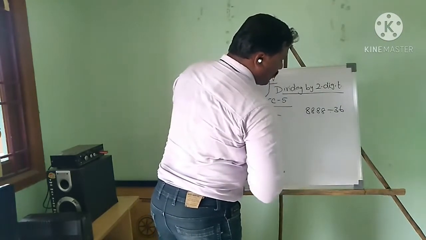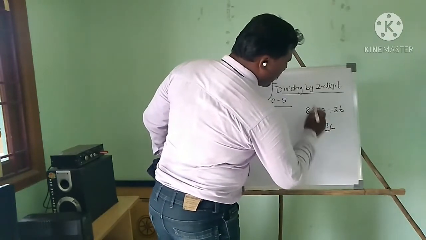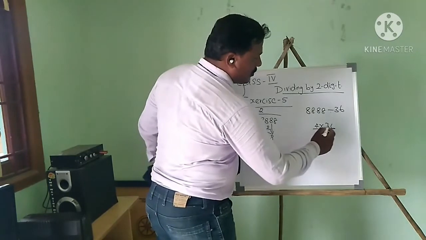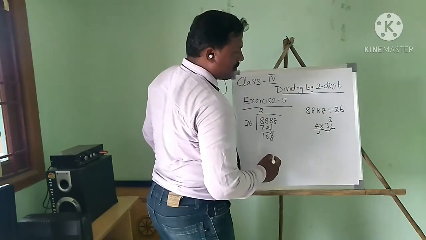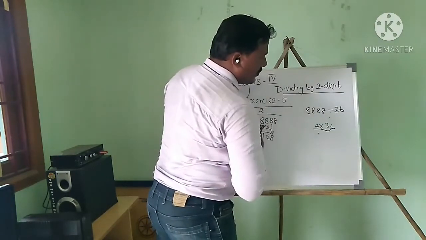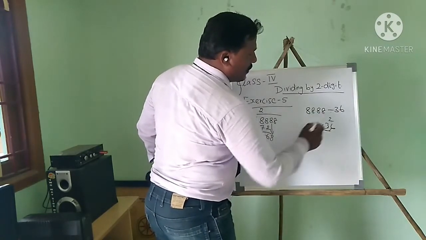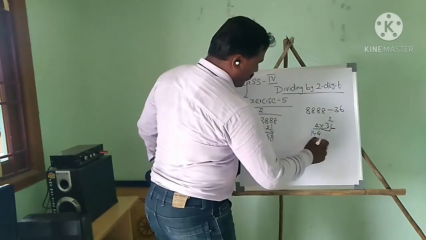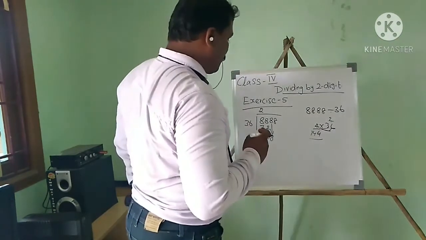Okay, so 4 times. 4 into 36: 6 fours are 24, remainder 2. 4 threes are 12 plus 2, 14. So 144. Okay, 144 we can take.